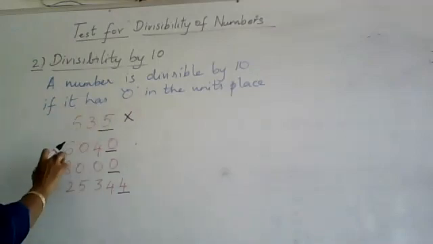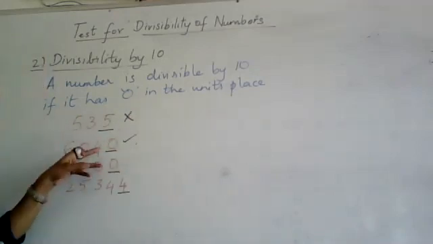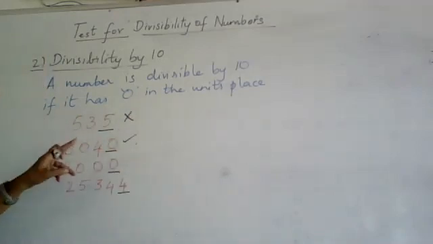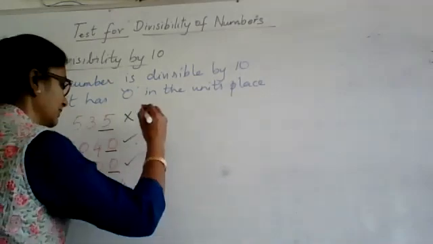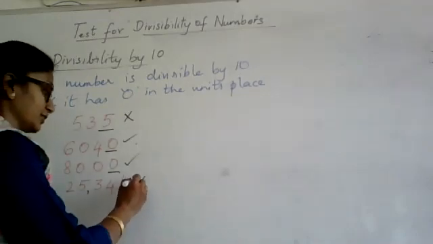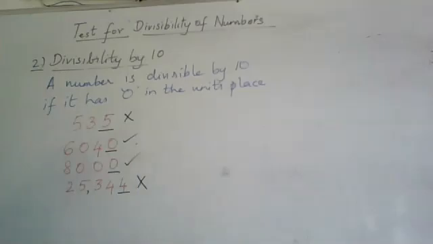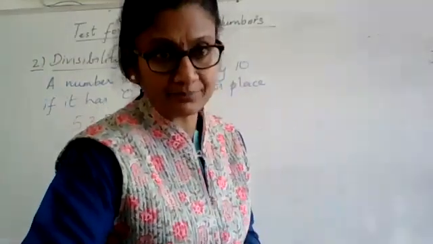What about the second number? Second number, it is 6040. It is divisible because it is having 0 in the ones place. Coming to the third number, again you have 0 in the ones place, so it is divisible. What about the fourth number? It is 25,344. It's ending with a 4, so it is not divisible by 10. So this is a very simple test of divisibility for 10.